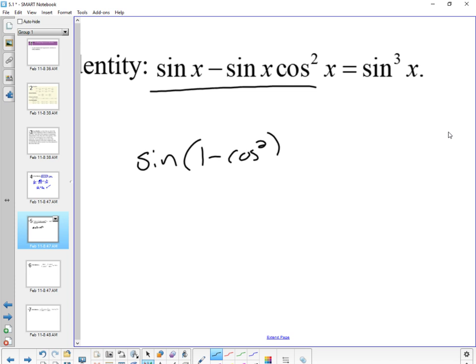Heads up to you guys. Whenever you see any combination of sine squared, cosine squared, or a 1 with a cosine squared, or a 1 with a sine squared, here's what I'm saying, a little mini lesson.